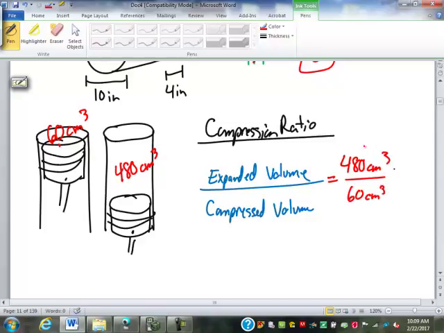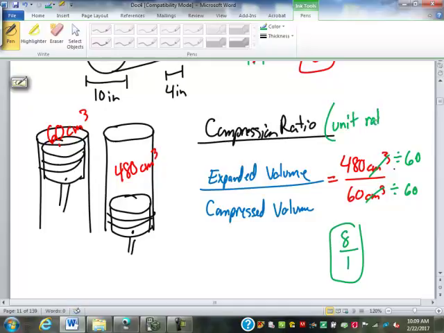So you can see again the units cancel out. Now here, both 480 and 60 actually divide by 60. We get an 8-to-1 compression ratio. A compression ratio is one of the few ratios that usually do get reduced down to a unit ratio. So even if that was like 7.5 to 1 or whatever, we would put a decimal in there to get that down to a unit ratio.